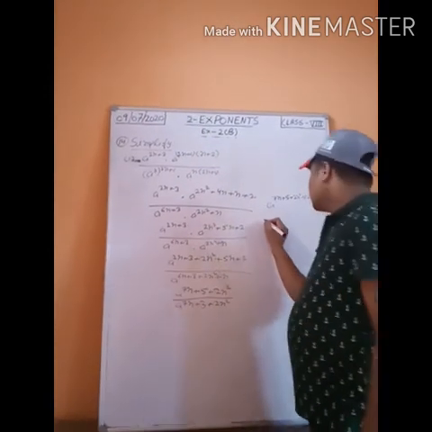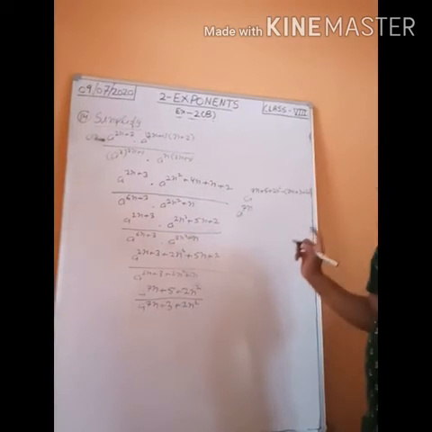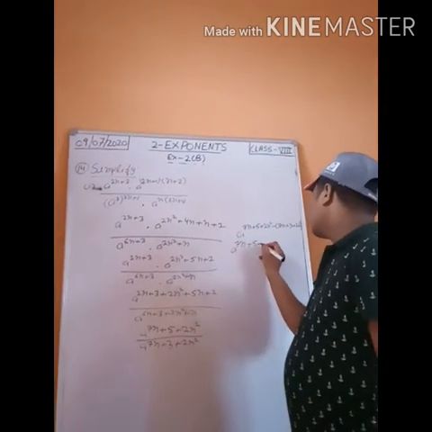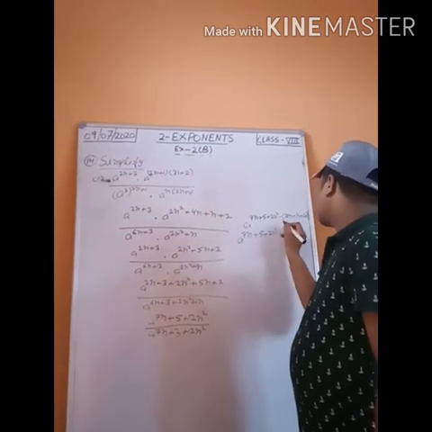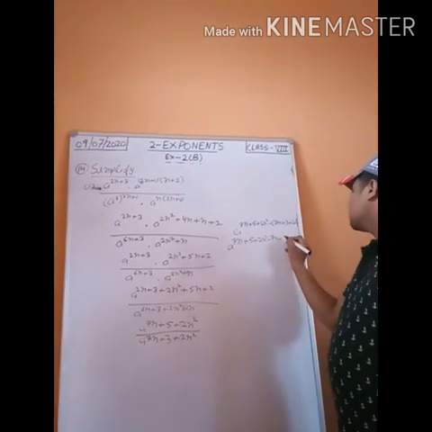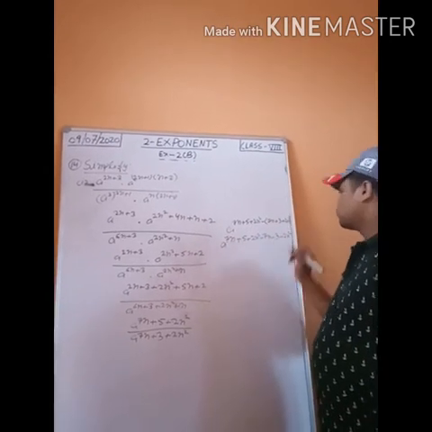So a raised to the power 7n, now we will open the bracket, plus 5 plus 2n square minus 7n minus 3 minus 2n square.